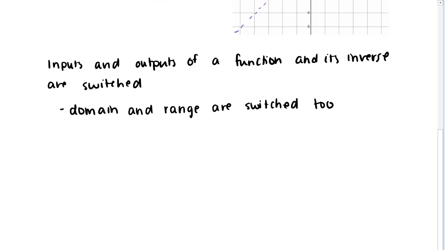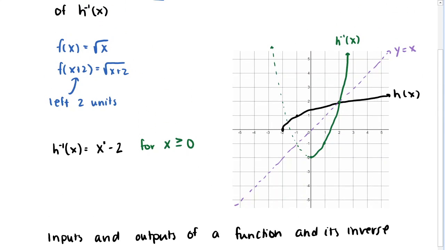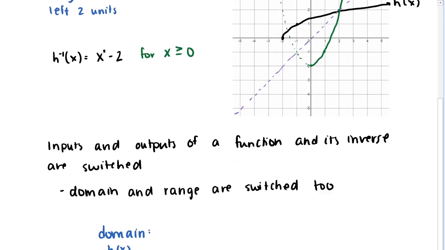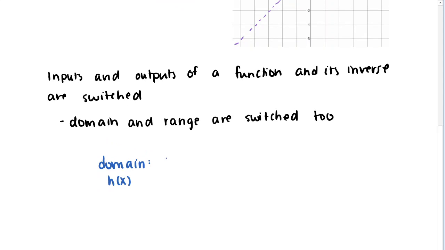So here the domain of h of x, well, h of x was the square root of x plus 2. We can see the x coordinates of this h of x function only fall between -2 and actually all the way out to positive infinity. These are the numbers I can plug into my function, -2 to infinity.